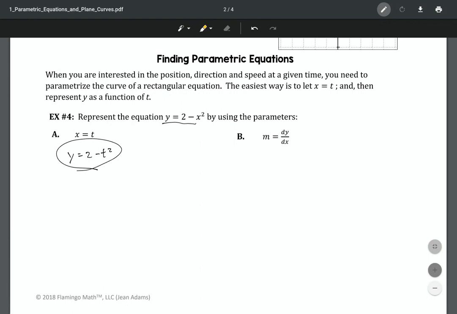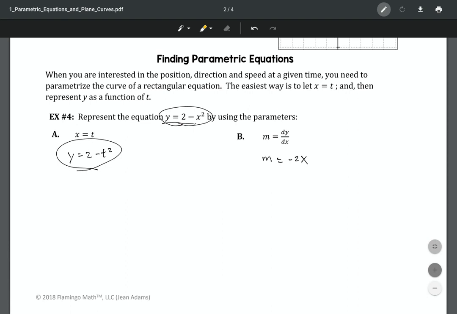On the other hand, on this one, I want to replace this x with some other variable, but this is not going to be as easy. So what I'm going to have to do here is take the derivative of the function. In this case, m is going to be the derivative of this, which is 2x. Now, that's the x I have to replace.